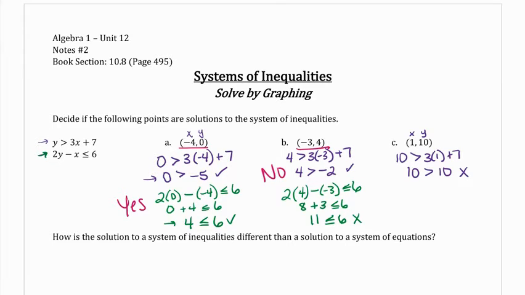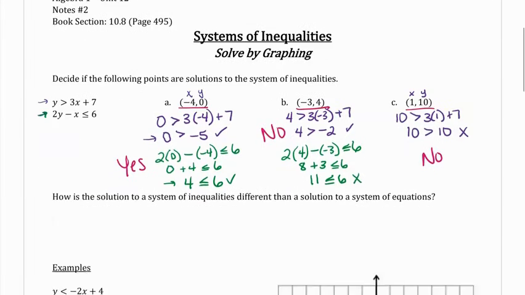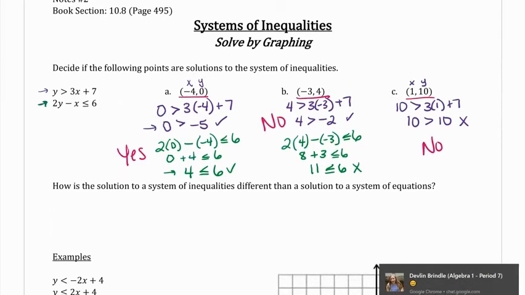If by chance this was a greater than or equal to, then it would work. But because it's just greater than, that is not a working inequality. And since that point does not work in that inequality, that means that no, this ordered pair is not a solution to the system of inequalities. Okay, so same way we check with equations, we're just looking at greater than or less than rather than just equals.